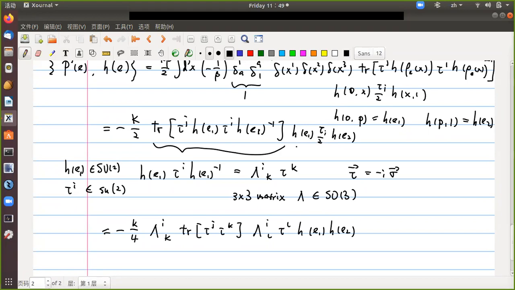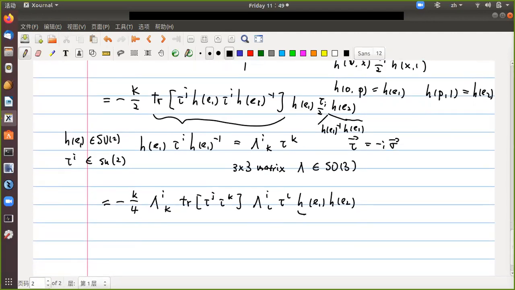This factor can be written by inserting HE1 inverse and HE1, and then replacing HE1 tau I HE1 inverse by this formula, lambda IK tau K. Now this trace is also very easy to compute because tau is just minus I sigma.